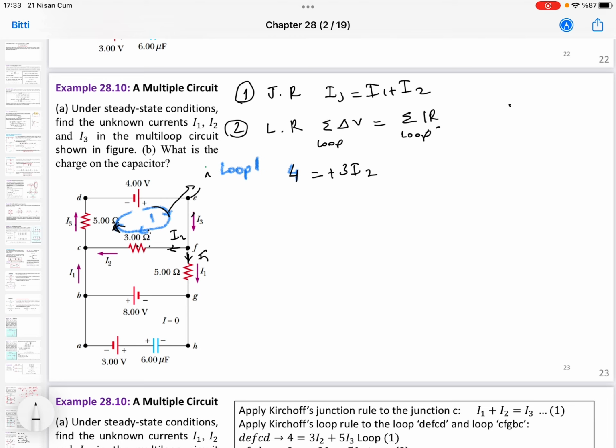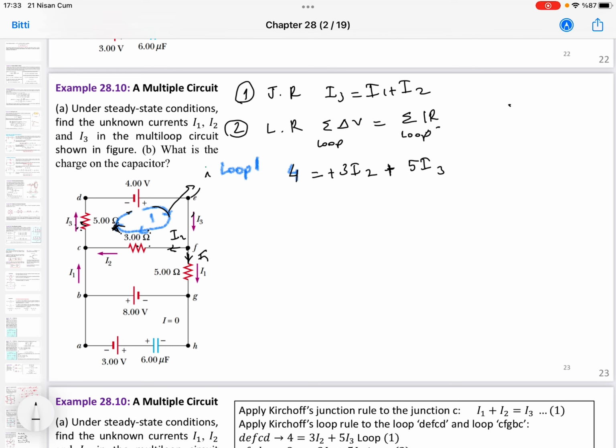Their current directions are the same. Loop direction and current direction are the same, so I will choose the positive sign. Okay, and then I will continue. I will come here. Sorry, I forgot to write this one. Okay, and then I will complete my loop.